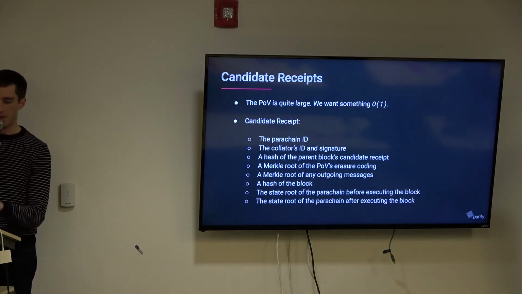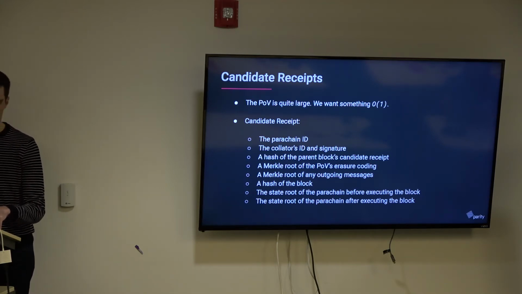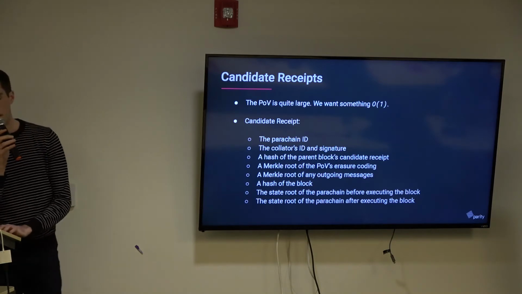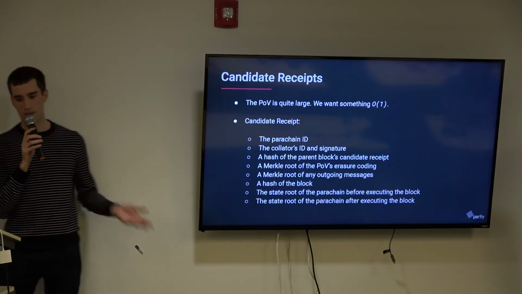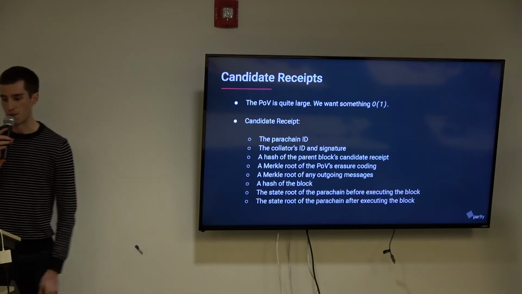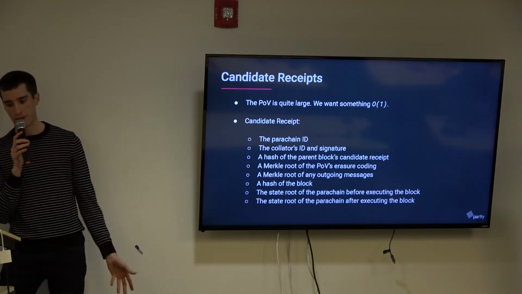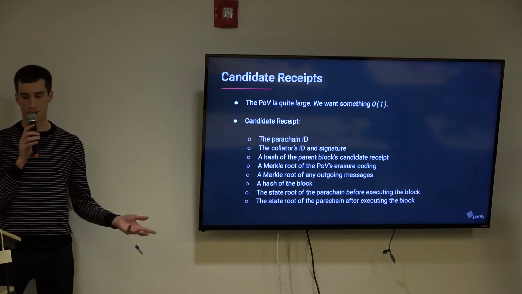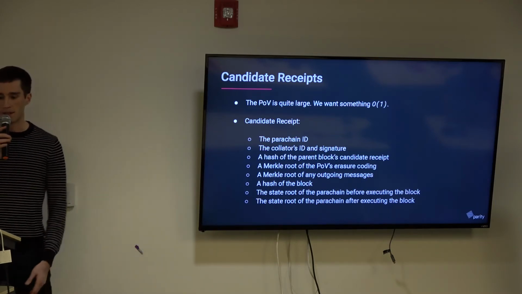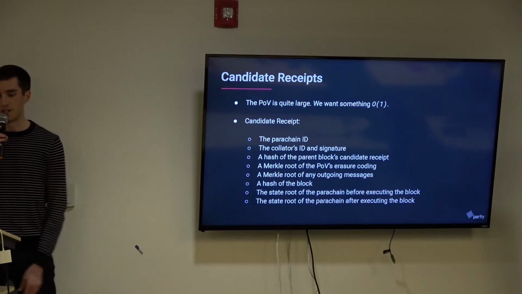So we prepare those candidate receipts, which is a really long list of information, but they're all constant, they're all the same size. A parachain ID is a U16, a collator ID and signature is a fixed size. The parent block's candidate receipt, a hash of that, is 32 bytes. A couple Merkle roots, also 32 bytes.